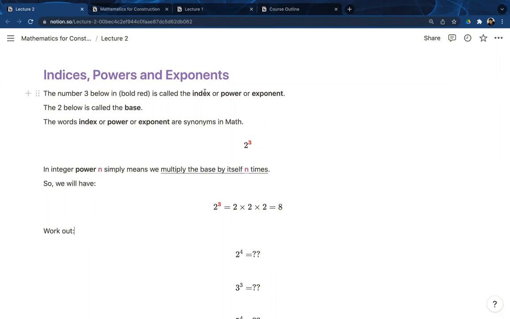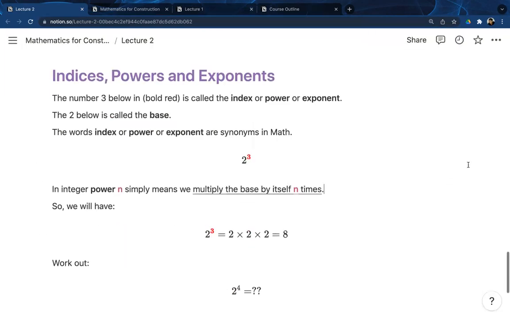Now, another synonym for power is index. So we say this is 2 to the index 3, or 2 to the power 3, or 2 to the exponent 3. Okay? Index, power, exponent, all those are synonyms. The 2 in black is called the base, and the 3 in red is called the power or the index or the exponent, as the case may be.